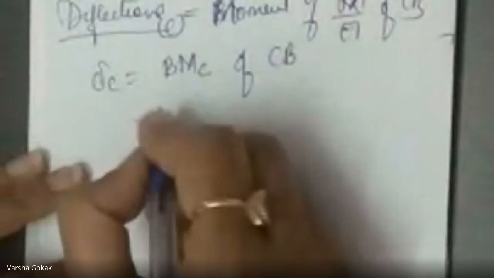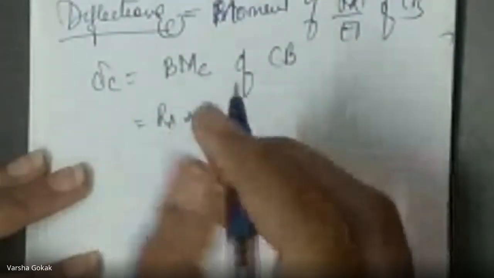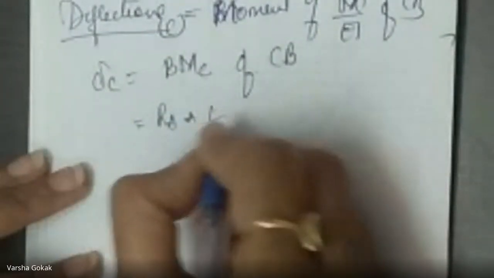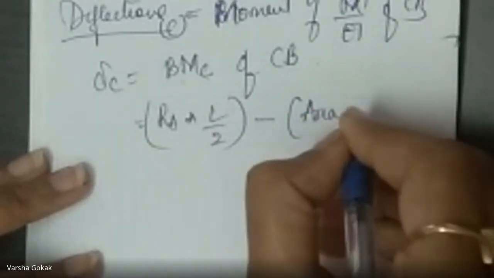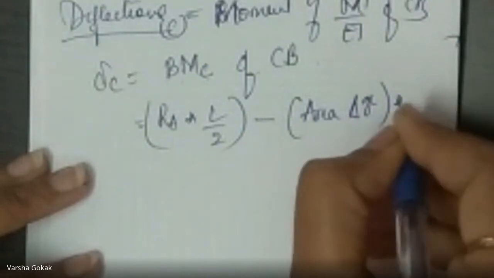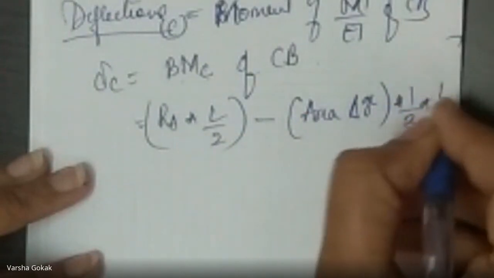It is RA into this distance, that is L by 2, positive, and minus the area of the triangle into this distance, that is 1/3 of L by 2. So we have to write that for deflection. First it is RA into L by 2 minus the area of the triangle into 1/3 of L by 2.